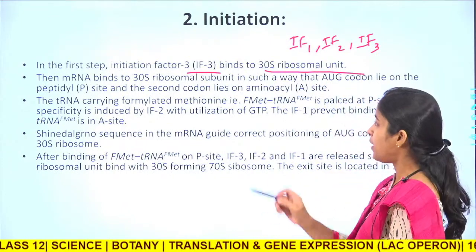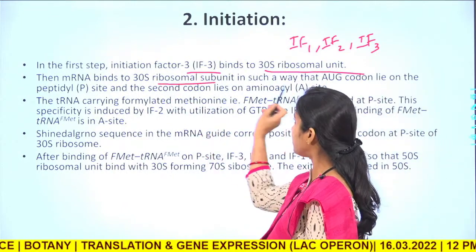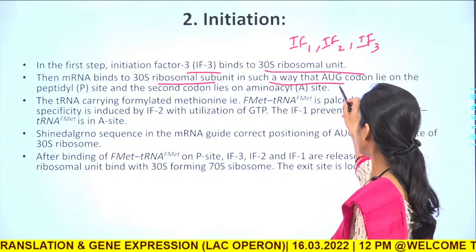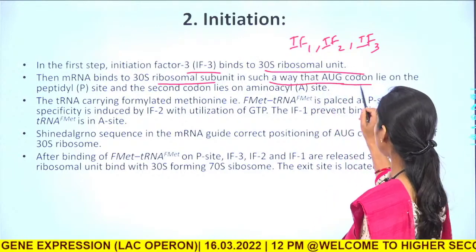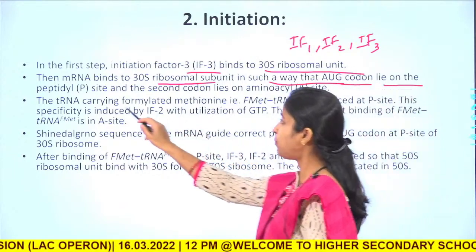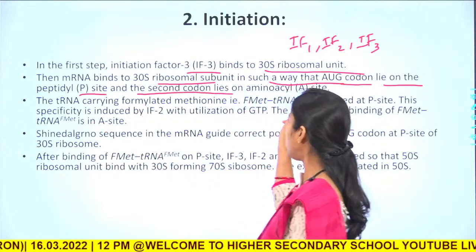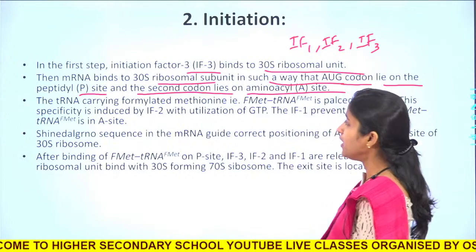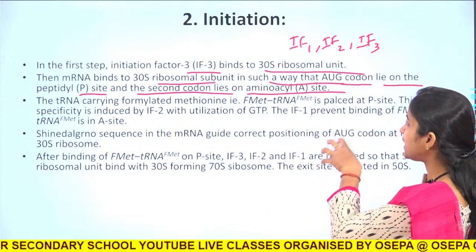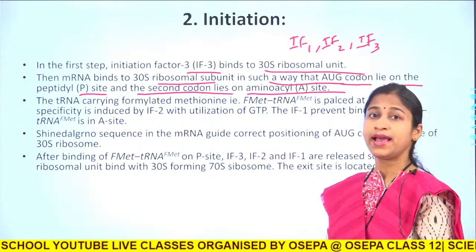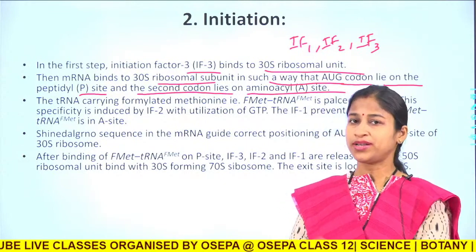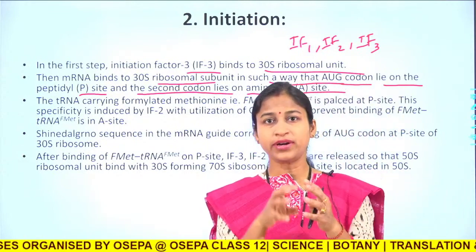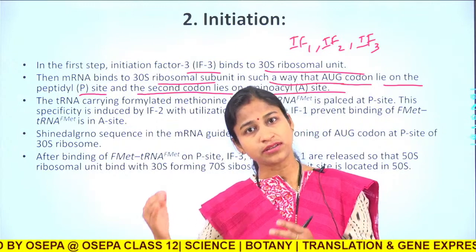The mRNA binds to the 30S ribosomal subunit in such a way that the first codon, that is AUG, lies on the peptidyl site and the second codon lies on the amino acid site. First of all, the 30S ribosomal subunit binds to initiation factor 3.